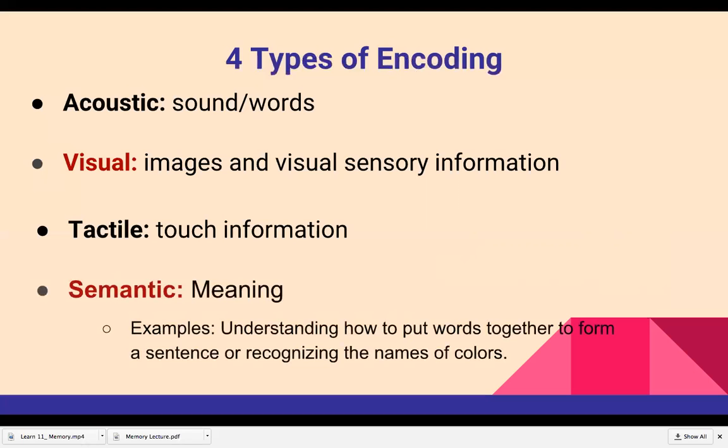The example here is understanding how to put words together to form a sentence. This means that you would have to know what a word means and how to use the word in order to string several of them together to create a sentence.